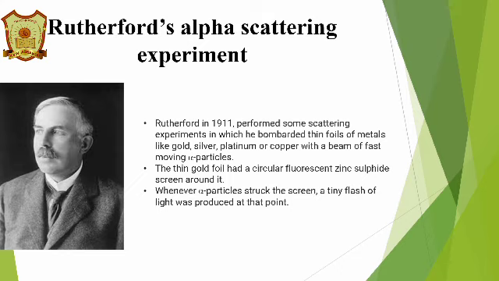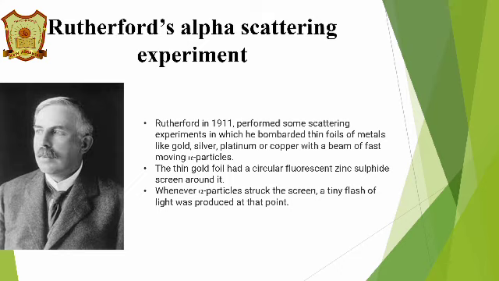This is one of the important experiments to be carried out while studying the discovery of an atom. So what he did was, Rutherford in 1911 took a gold foil.